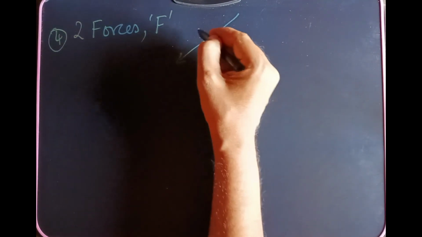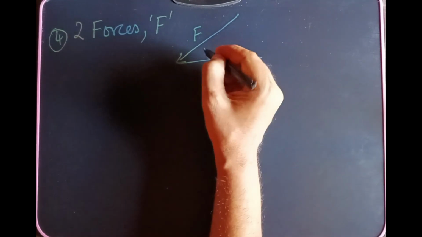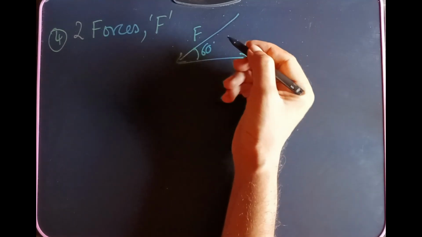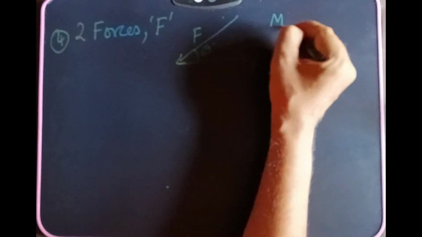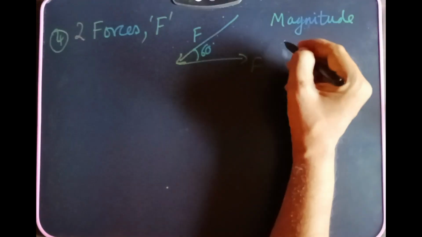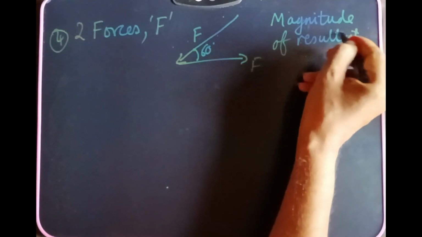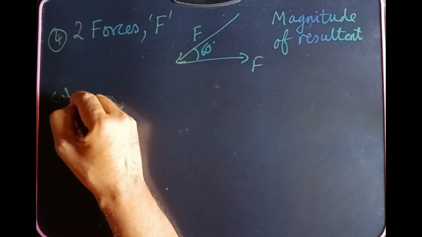This is one force F. This is another force F. This is 60 degrees. It is asking for the magnitude of the resultant. Think for a while and solve.